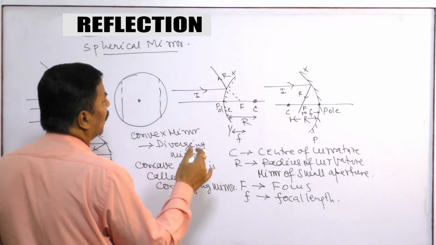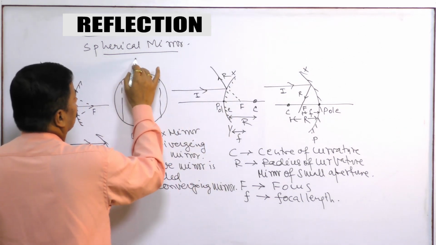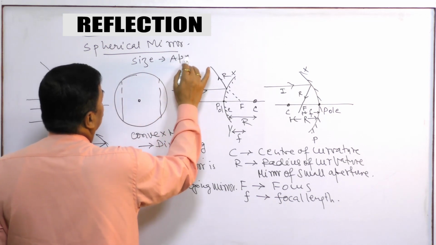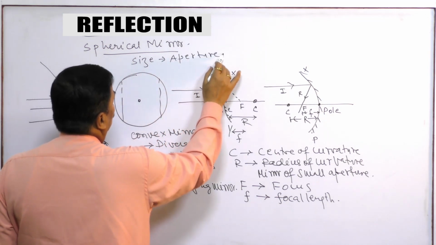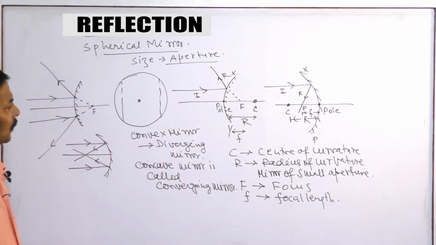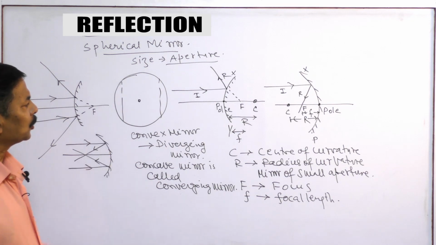This size of mirror tells about aperture. We are talking about the mirror of small aperture. So this is the basic thing that you should know.